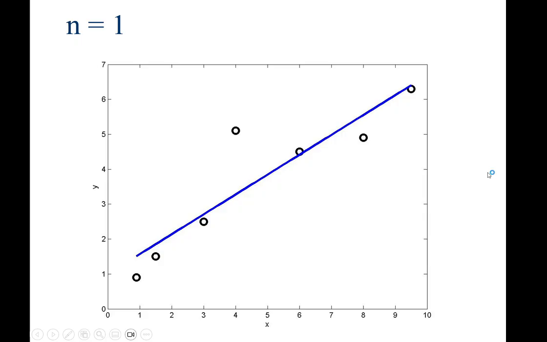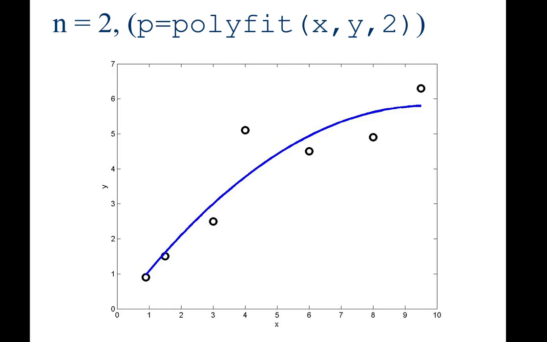If we wanted to change the straight line to a higher order, imagine instead of y equals mx plus b as a straight line, we wanted a single curve. Well, now when we define that third input to polyfit as being n equals 2, we now get a 1 by 3 value for our polynomial. That's going to be an x squared, an x, and an x to the 0.